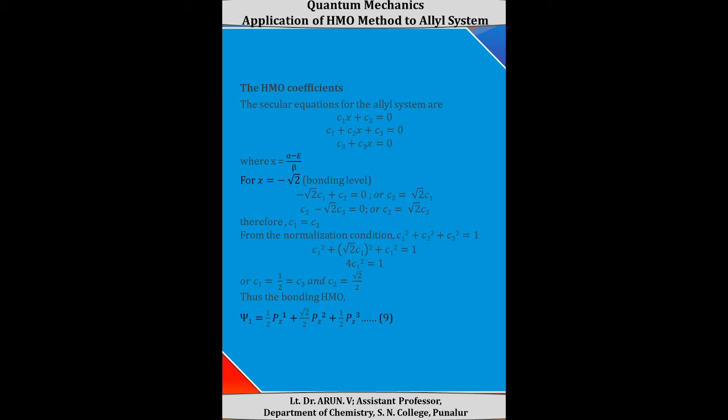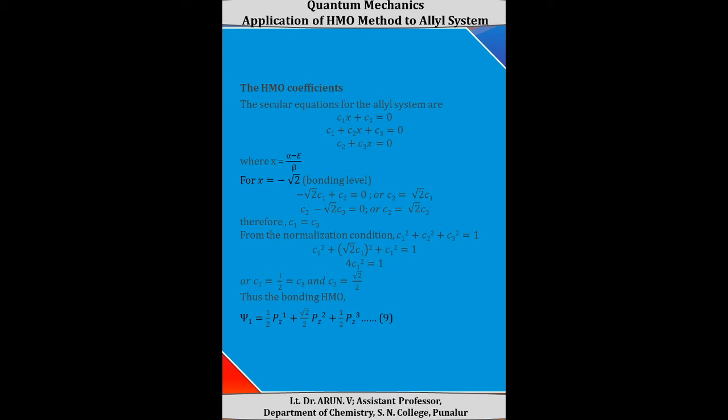We know that x is equal to alpha minus E divided by beta. For the root x equal to minus root 2, which corresponds to the bonding level, by substituting the value of x equal to minus root 2 into the above equations, we can find out the coefficients.